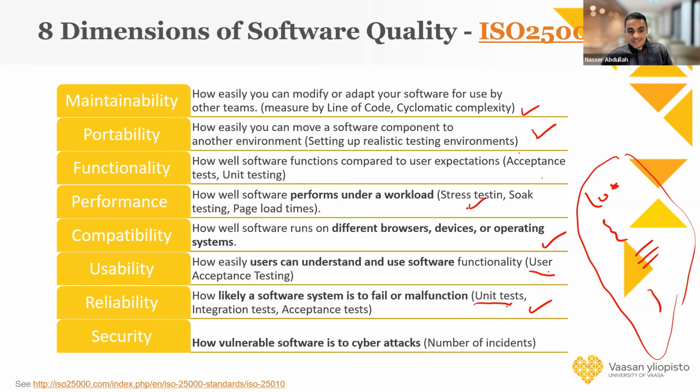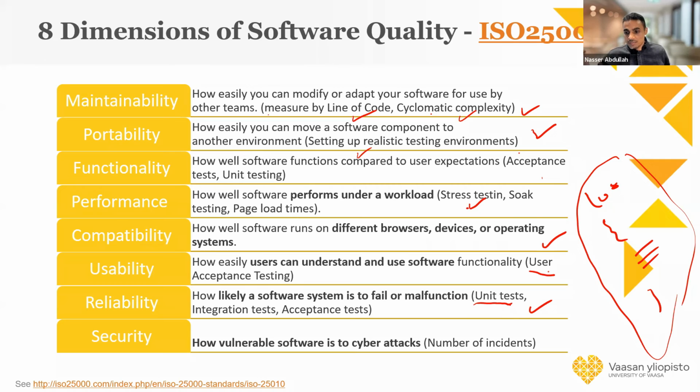Of course, some of them are difficult to measure. But I'm trying to give, for each one, the way to measure these dimensions or factors. Some of them are difficult because they are subjective, and some are easy. For example, the functionality. You have requirements.